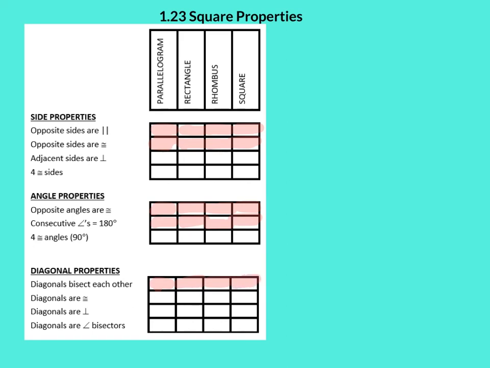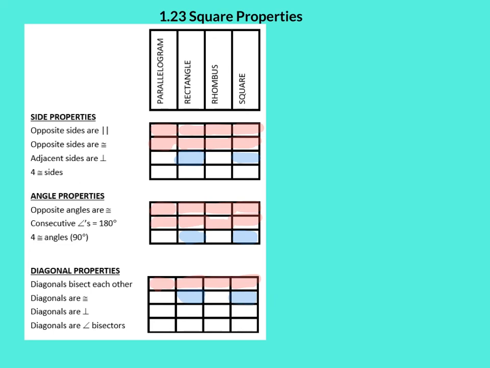Now the rectangle adds the 90 degrees, which makes the sides perpendicular and makes 4 equal angles. And we found out that the diagonals were equal to each other. Now remember, a square is a type of rectangle, so the square would also get those properties.